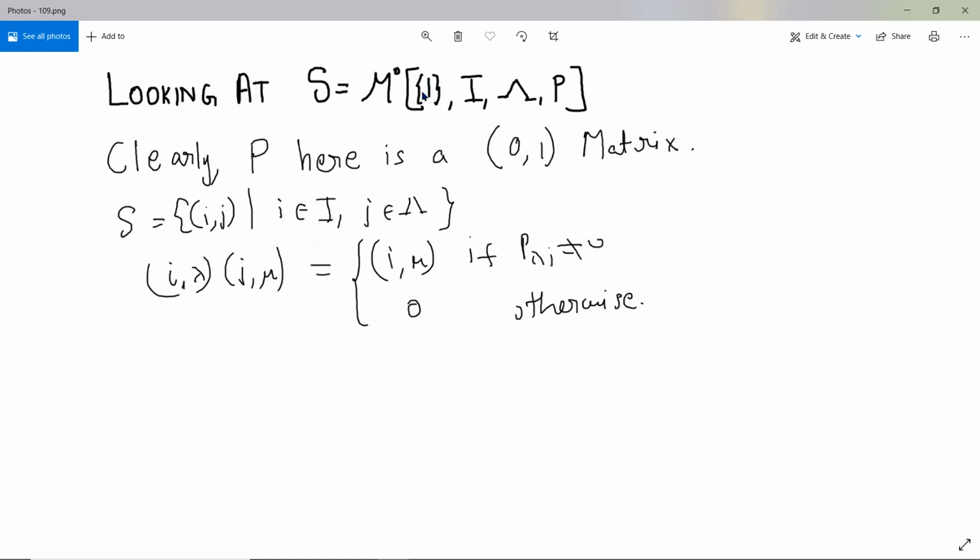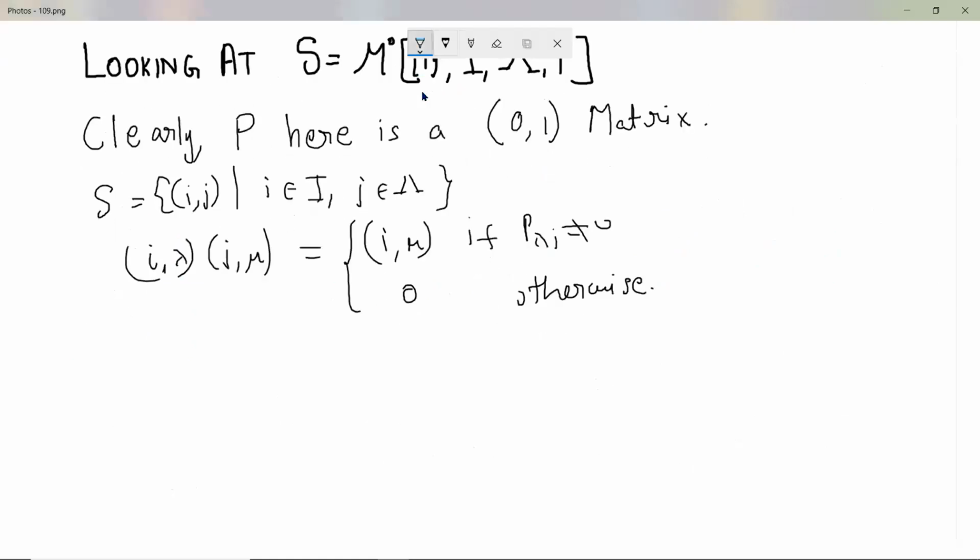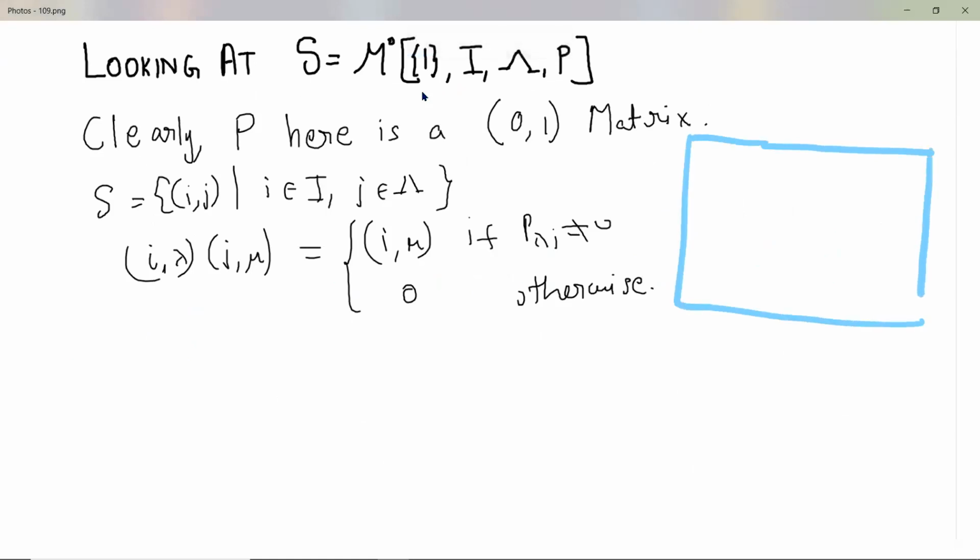If I may draw a picture, if you look at the semigroup, then the group H class in the corner is just the identity.